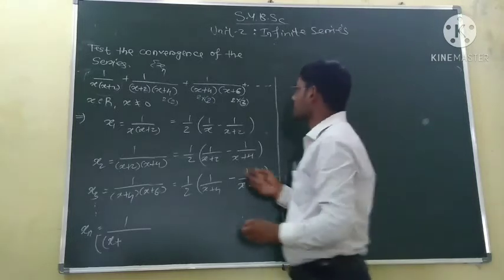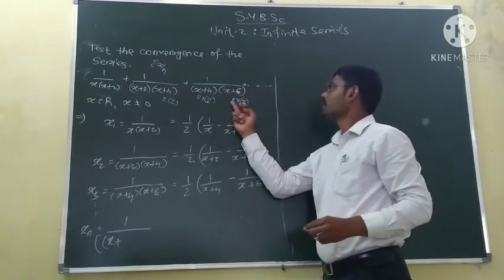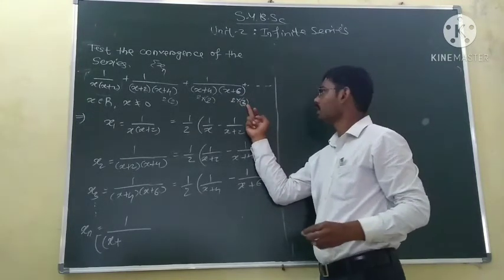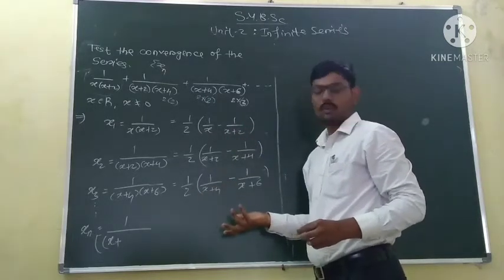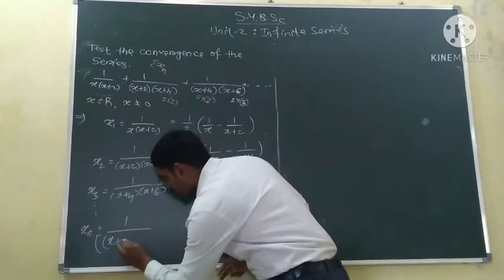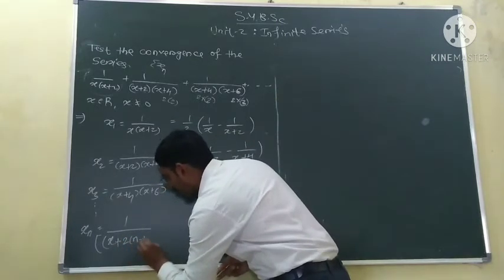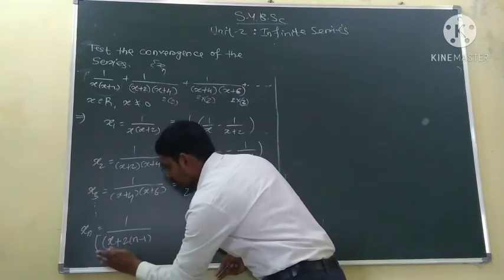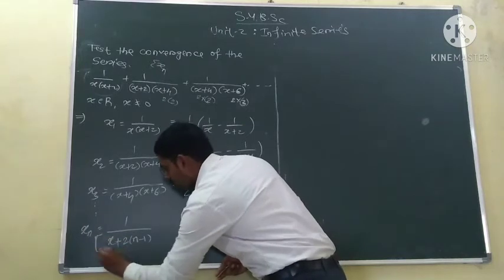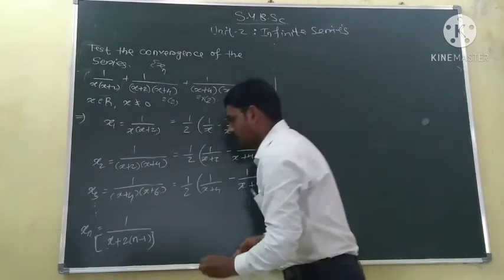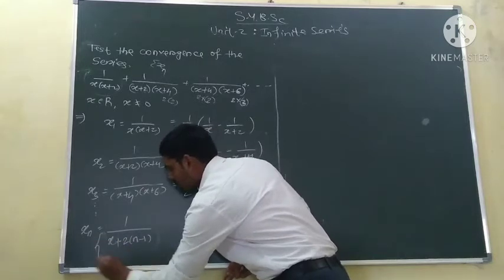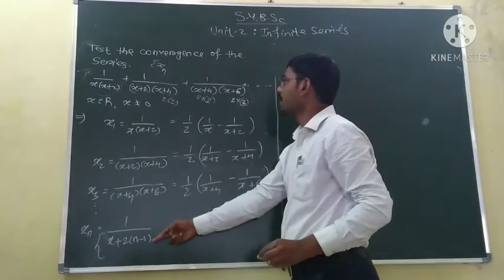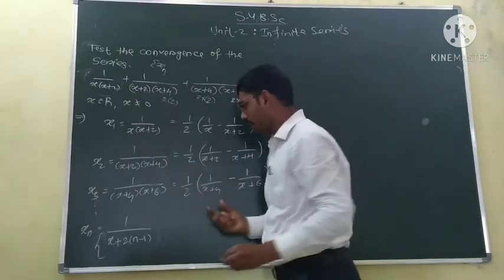Since it is the third term, it is 2 into 3, so for the nth term it is 2 into n minus 1, so x plus 2 into n minus 1. We can write this in a bracket. So x plus 2 times n minus 1, this is one bracket.